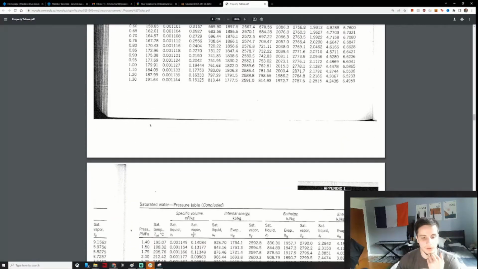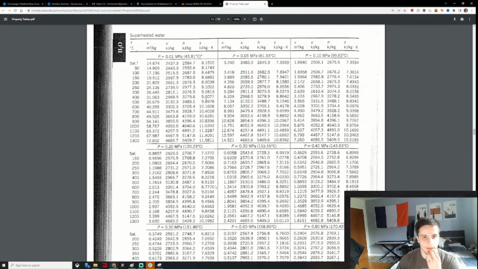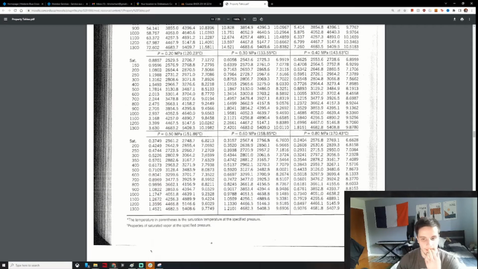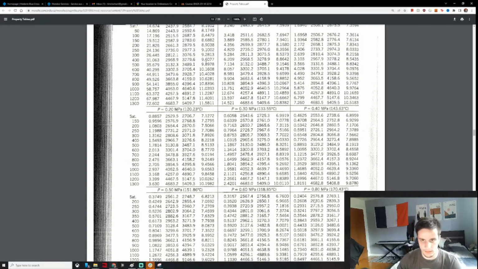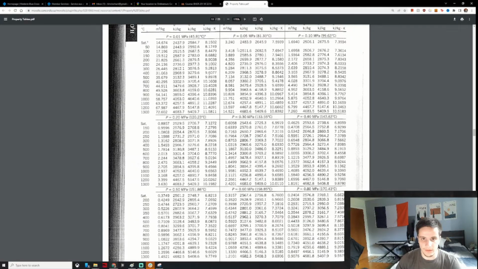So what we can do is go down into the superheated water into 0.8 megapascal or 800 kilopascal, which is right here, and then at 400 Celsius. So we go along this line. You can't see where the, oh, that's perfect. Actually, not enough.